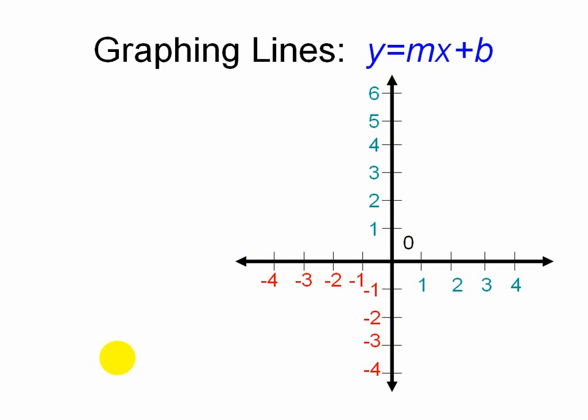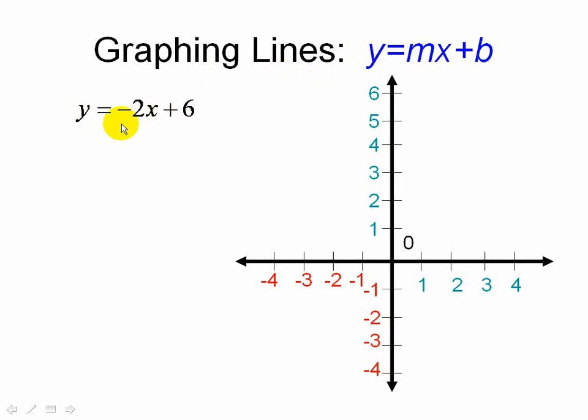Now let's use the slope-intercept form, where m is the slope and b is the y-intercept. So let's start off with this equation. We can see that this equation is in slope-intercept form since y is by itself, and we note that the coefficient in front of the x in this form is known as the slope.